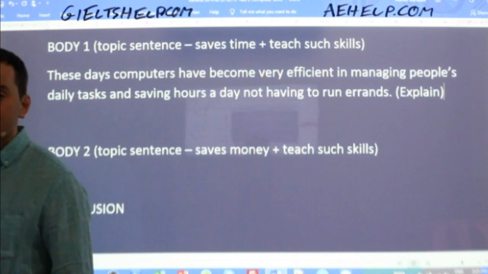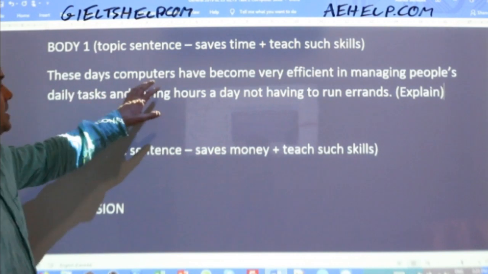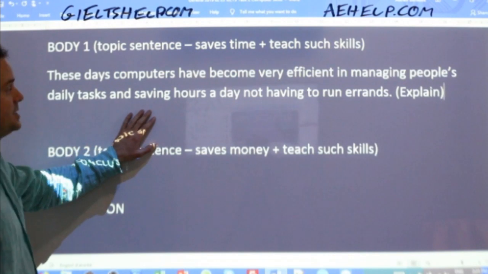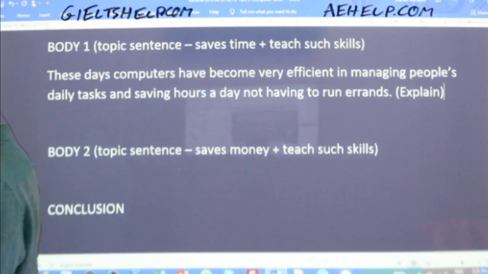So we need to explain our topic sentence very, very clearly. These days, computers have become very efficient in managing people's daily tasks and saving hours a day not having to run errands.